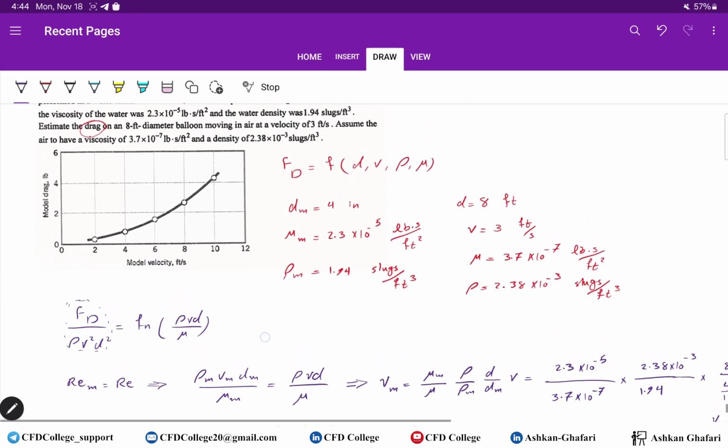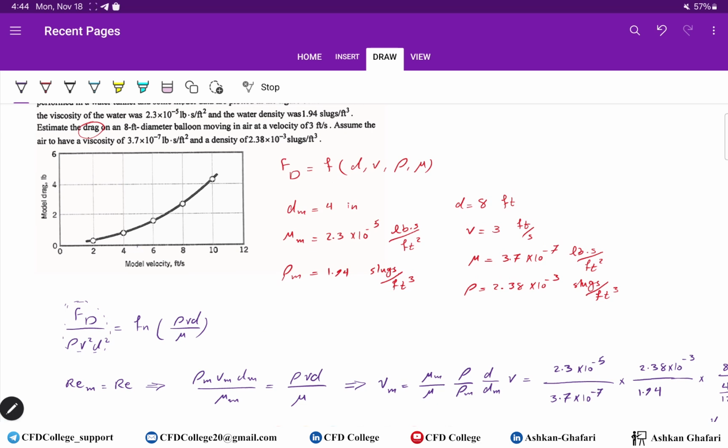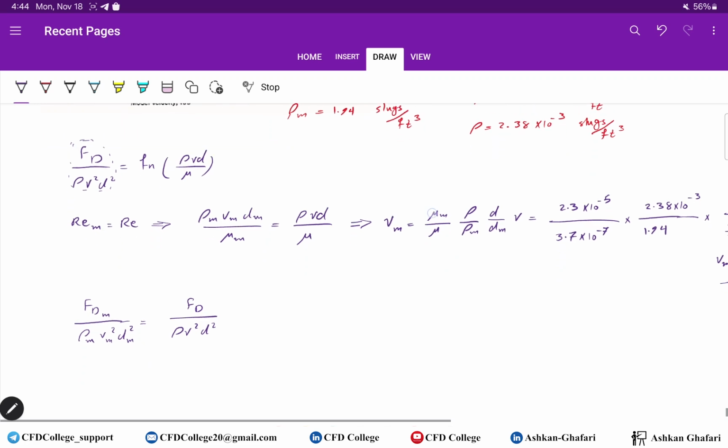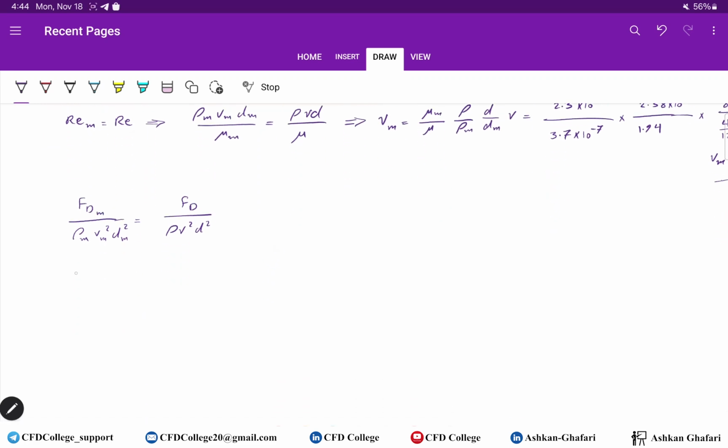We should use this chart. Here is 5 and here is 5.5. And for this, you can find the model drag. Near here is 1. So for example, at velocity 5.49 feet per second, the drag for the model equals 1.3 pounds.